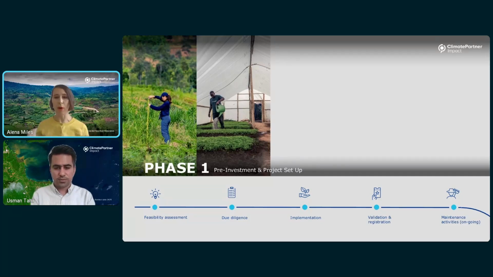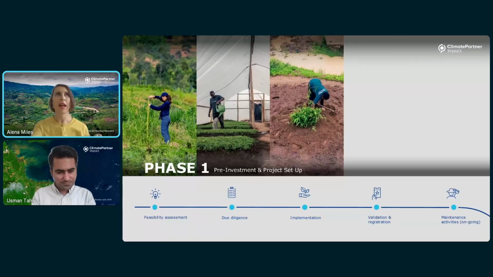Our projects can only be successful if not only are the local communities on board, but more importantly, they are really enthusiastic about the project, because we need their cooperation, and many of them will be our employees, so will be very involved in the project. So that part is really, really important, and it starts very early on.